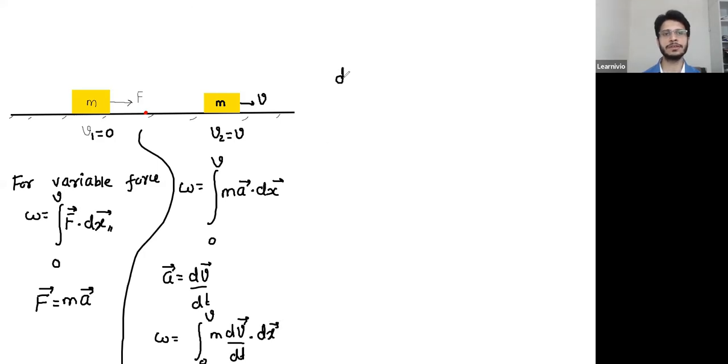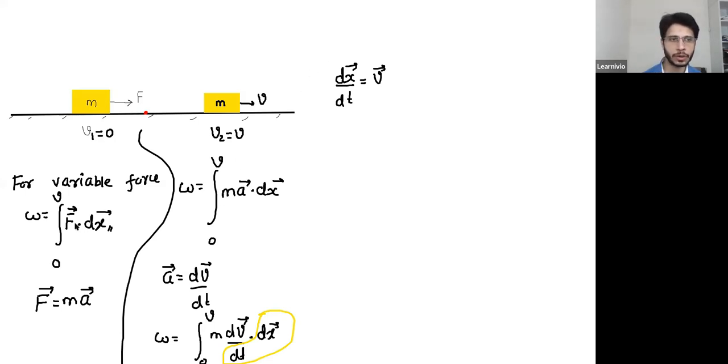The next is, you can write this dx over dt, the rate of change of position, as velocity. So instead of this dx over dt, I'm just writing v. Why am I doing this?